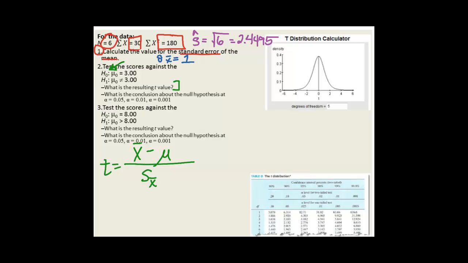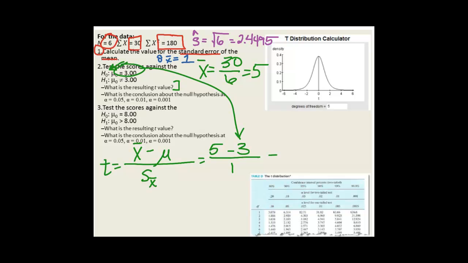If the sum was 30 and there were 6 observations, the mean was 5. I take 5 minus 3, and the 3 comes from the null hypothesis, and divide that by 1, which is our s sub x bar, and we get an answer of 2. This is the value of my t-test statistic, so that is the answer to the first bullet in question 2.